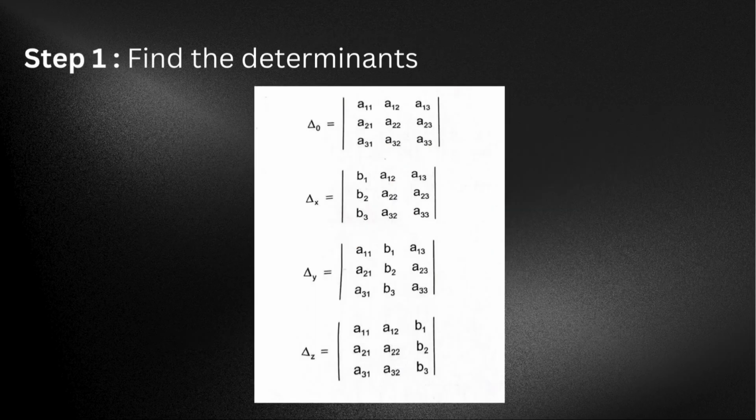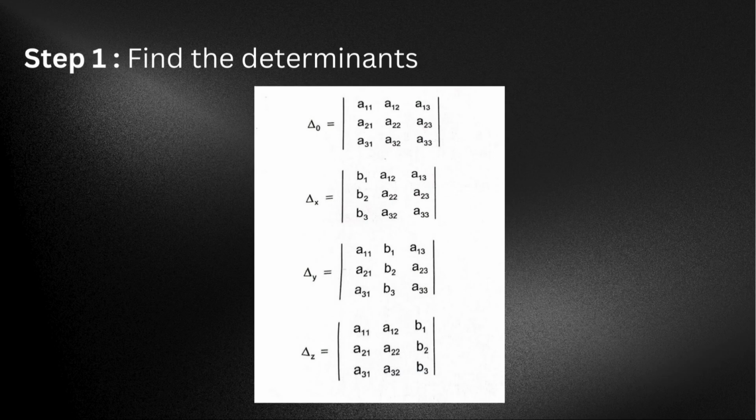Step 1. Find the determinants. D0 equals A row 1 column 1, A row 1 column 2, A row 1 column 3, A row 2 column 1, A row 2 column 2, A row 2 column 3, A row 3 column 1, A row 3 column 2, and A row 3 column 3.